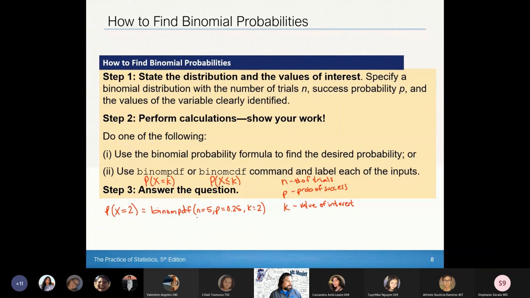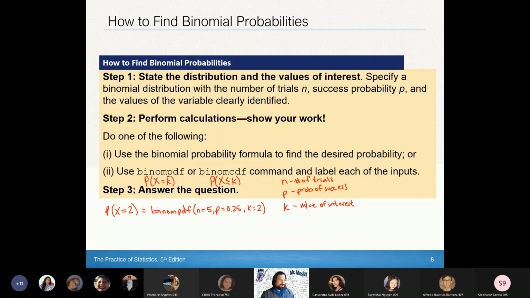This is what needs to be labeled for each of the inputs. This clearly says that I'm calculating the probability using a binomial distribution with N of 5, P of 0.25, and 2 successes.